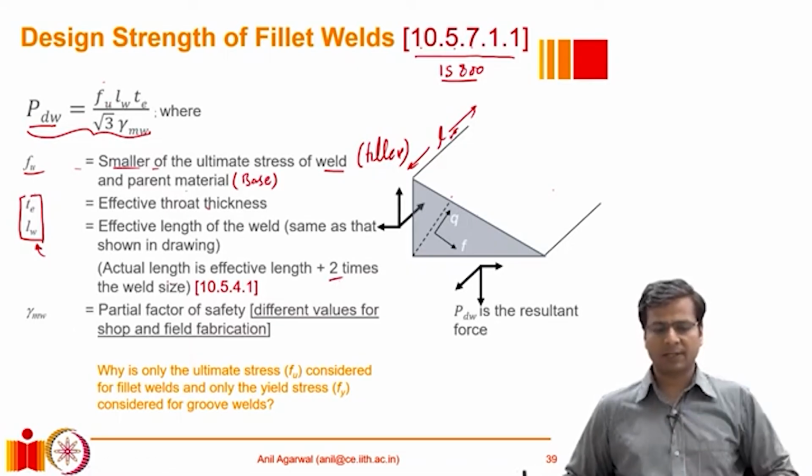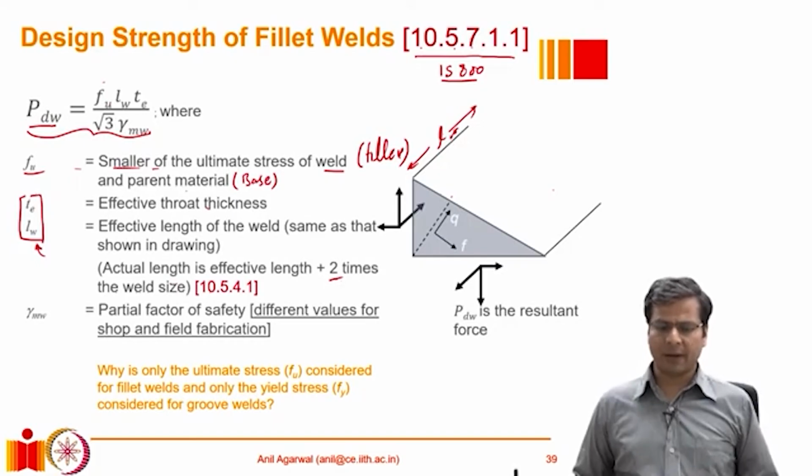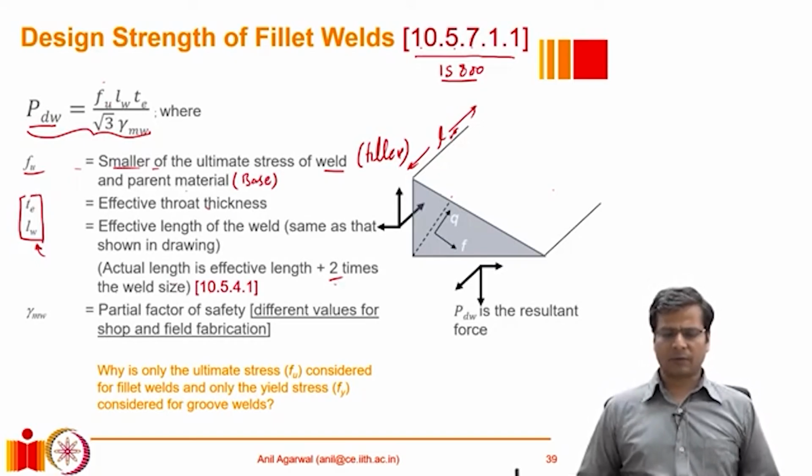But when we do a real site inspection, we should be mindful that the effective length will be 2 times the weld size less than the actual length. Then this expression has a term in the denominator, square root 3 and gamma_mw.